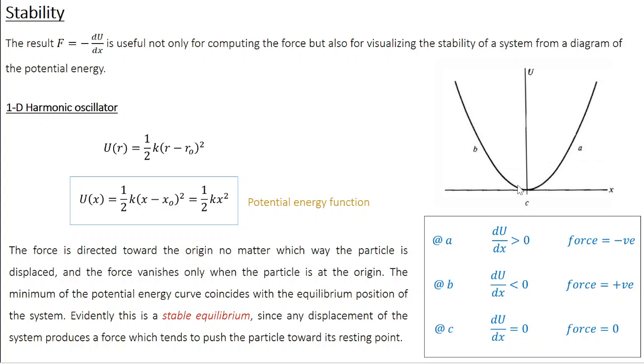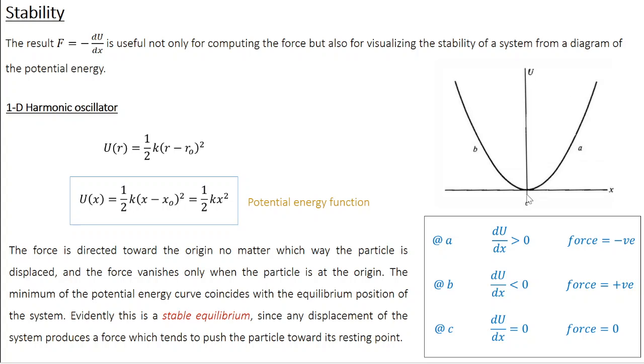If you do not apply any force on a spring mass system, or on a simple pendulum, this is the position the object is going to occupy, because this is the equilibrium position. Now, this is the restoring force, which means the force is always directed towards the origin, no matter which way the particle is displaced. The force vanishes only when the particle is at the origin.